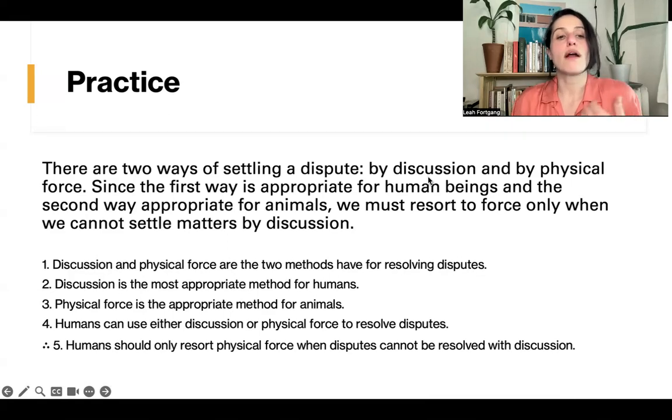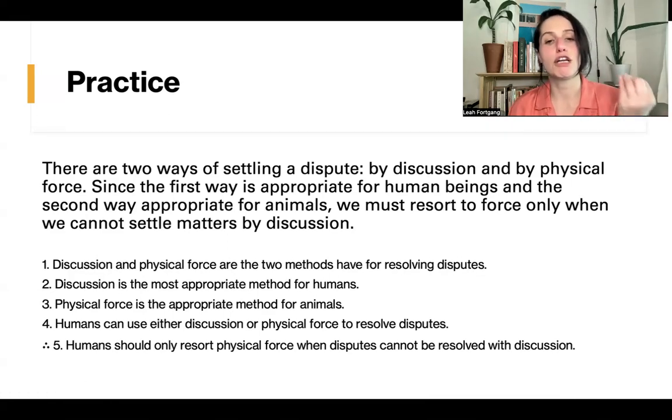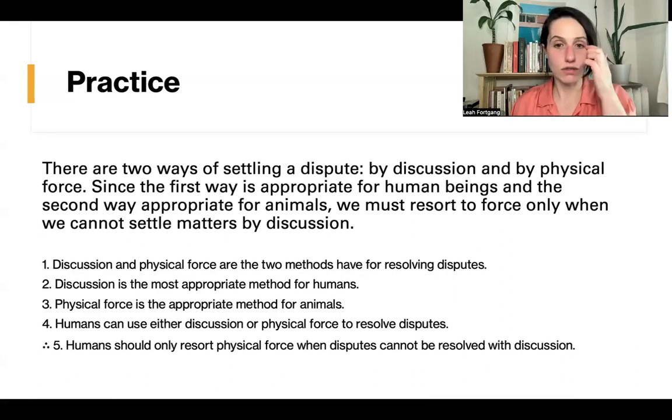Humans are the ones who are capable of either discussion or physical force in resolving disputes. Okay, so when presented with that choice, since they're capable of discussion, they should go that route instead of violence, essentially.